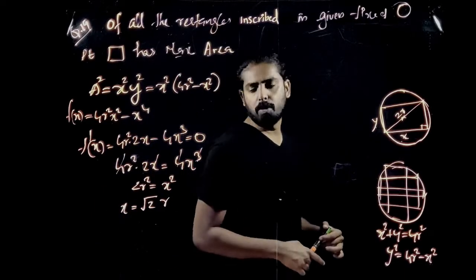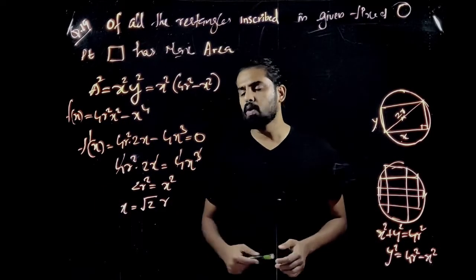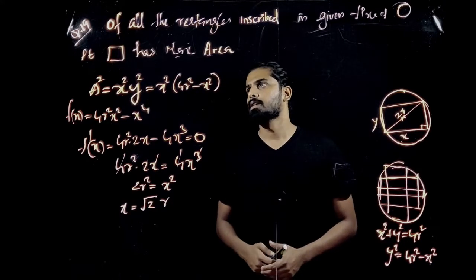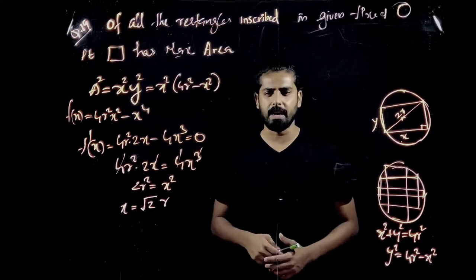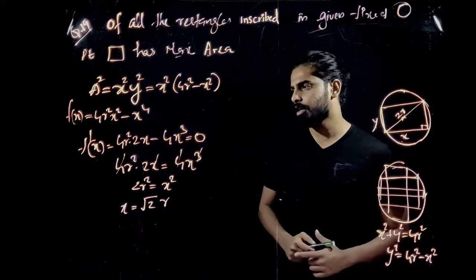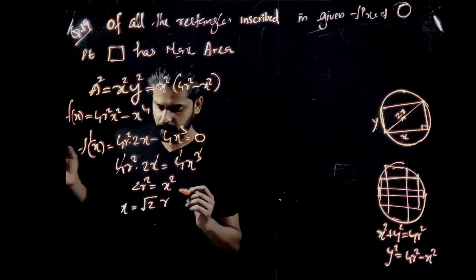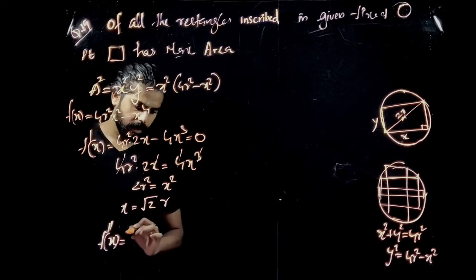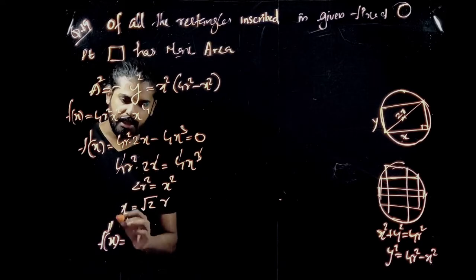Now we need to prove that x is equal to root 2r is the point of local maxima of this function, since we need maximum area. So in order to find local maxima, we'll differentiate this function again. We'll find the second derivative.